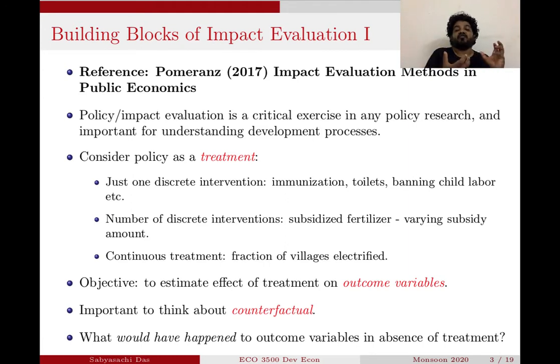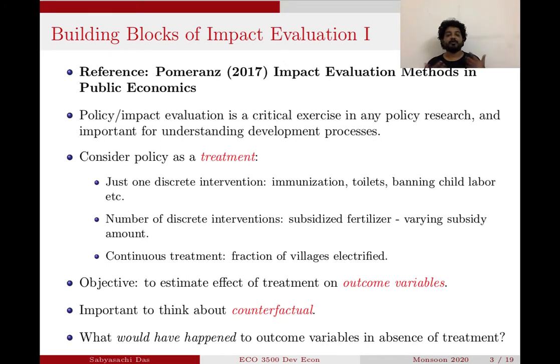Then you are measuring outcomes as well as the intervention at the district level, and you are trying to find out the correlation between whether a high fraction of villages that are electrified are also the districts where you have greater growth of revenue or employment. So in that case, your treatment is this fraction, which is a continuous variable between 0 and 1.